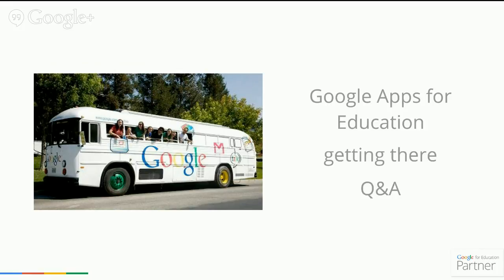What are the most common issues with data migrations, and how does Cloud Migrator address those? So I think that the question there is, where do you start with a migration, and what can you migrate? So typically with Cloud Migrator, it simplifies that, as it will copy pretty much everything over from your source platform into the Google Apps destination.